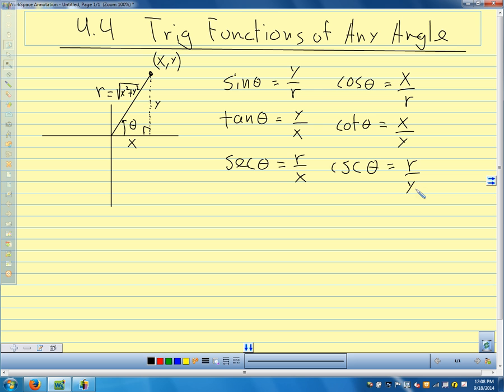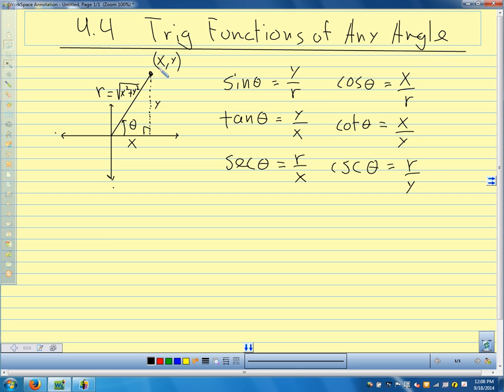We're just talking about a point in space. Now for these where we're dividing by x or y, we're not dividing by 0. If we're dividing by 0, our trig functions are undefined. So this is how we define our trig functions of any angle. We just relate the coordinate in space to an angle.